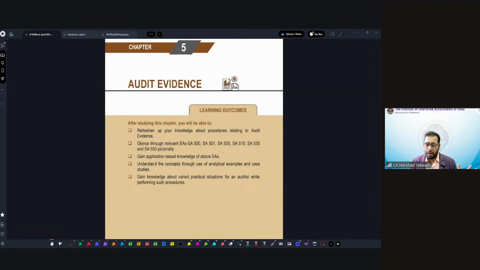Then we will go to specific scenarios in 501, then opening balances, and external confirmations. We will also see some of the analytical procedures already discussed, but I will bring some aspects of that back, and then we will see how in specific scenarios we need to gather the audit evidence.